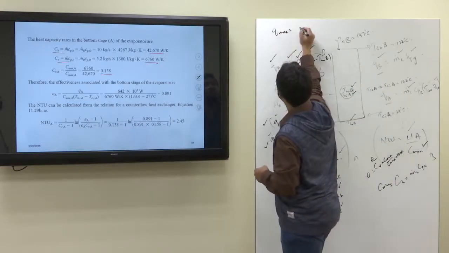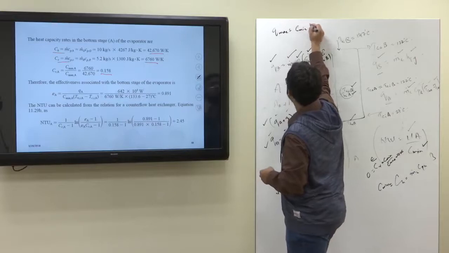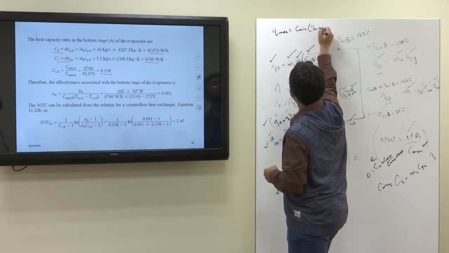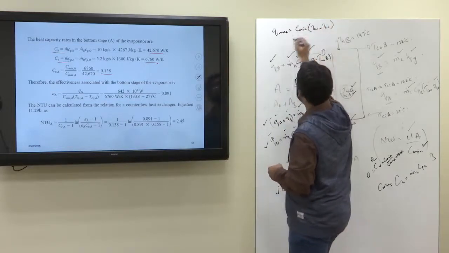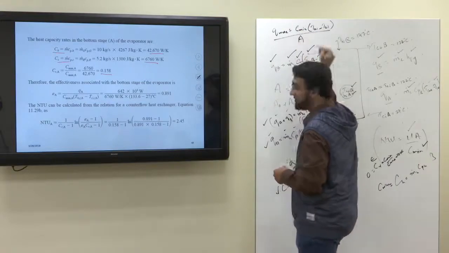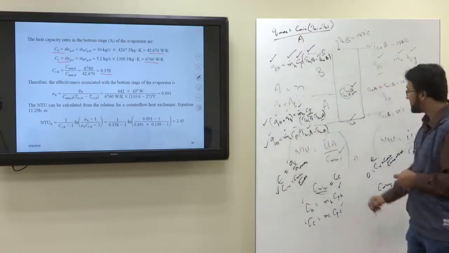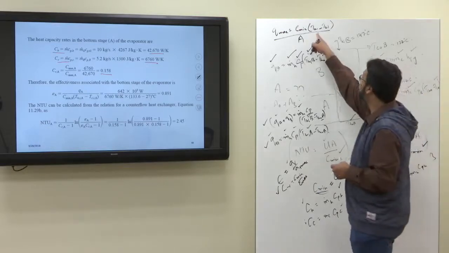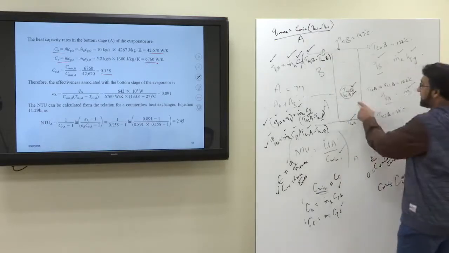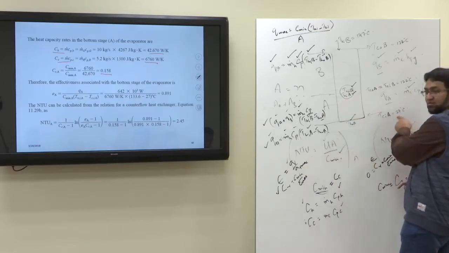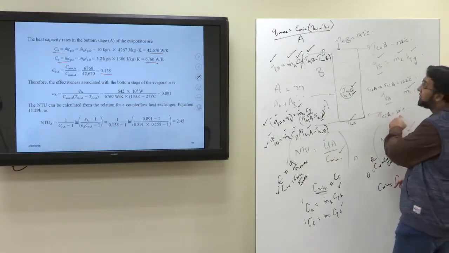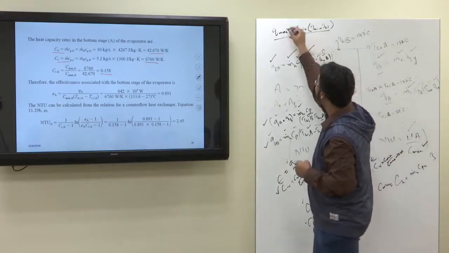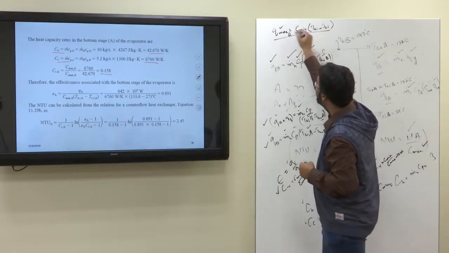Q max is equal to C minimum times T hot inlet minus T cold inlet, if we are doing it for A. So C minimum for A is known, T hot inlet for A is this, and T cold inlet for A is this. Is it clear? So based on that, you will find Q max A.